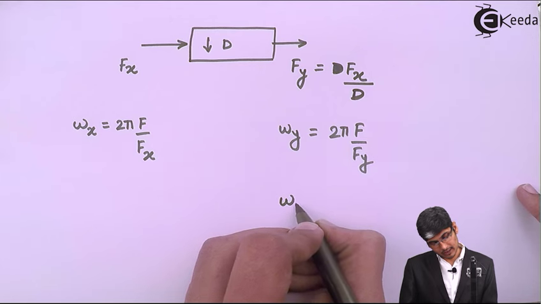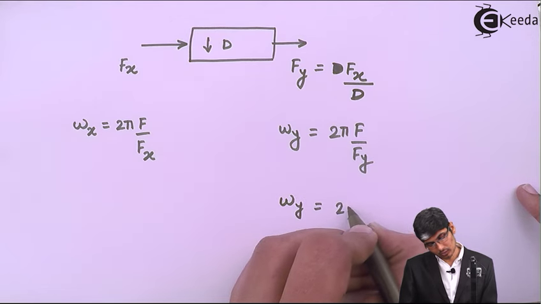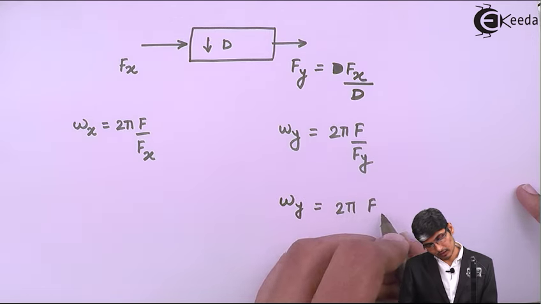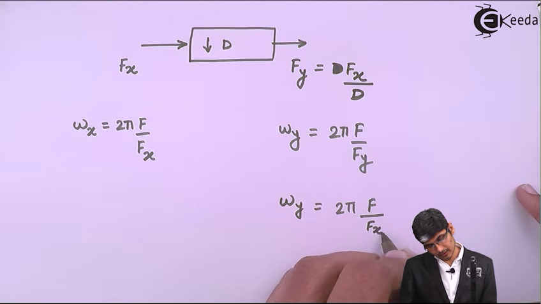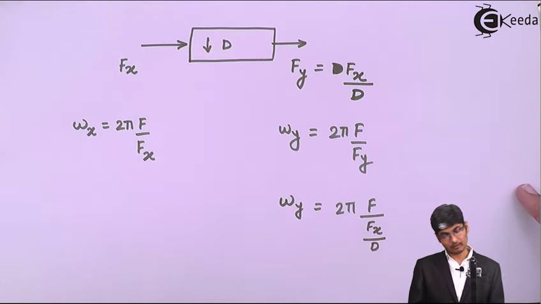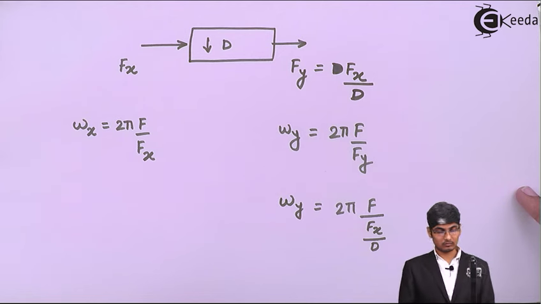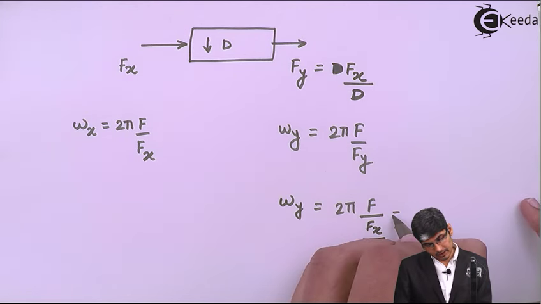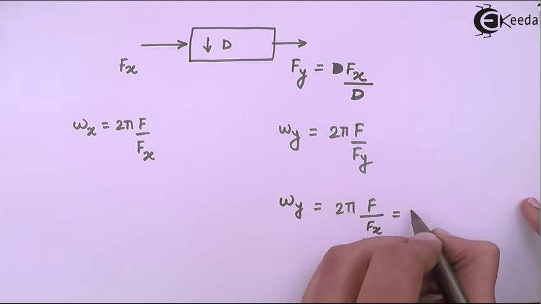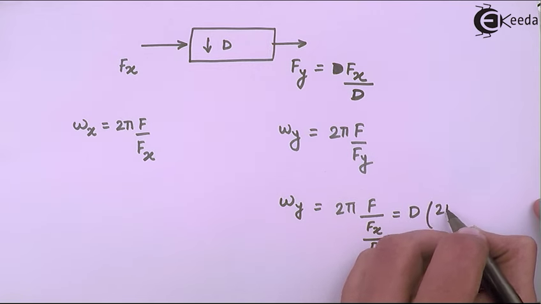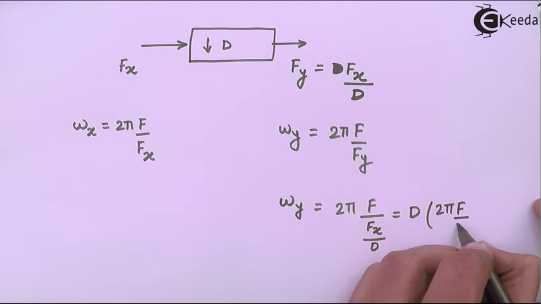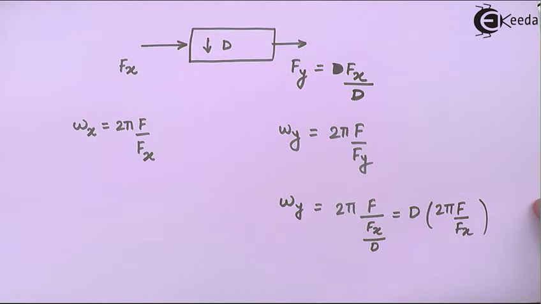Okay, and if I impart the relation of fy as fx by d, then what will it be? Omega y will be equal to 2 pi f by fx by d, which I can write as, this d will come up, so it will be d into 2 pi f by fx.